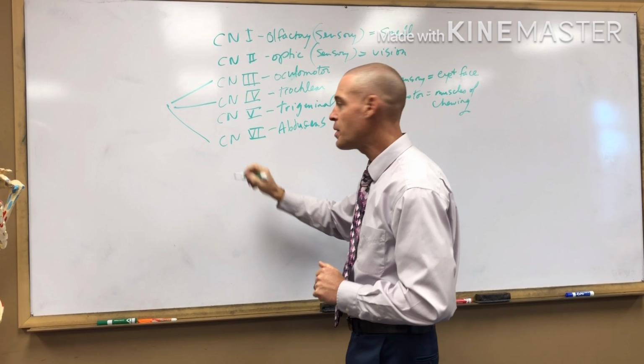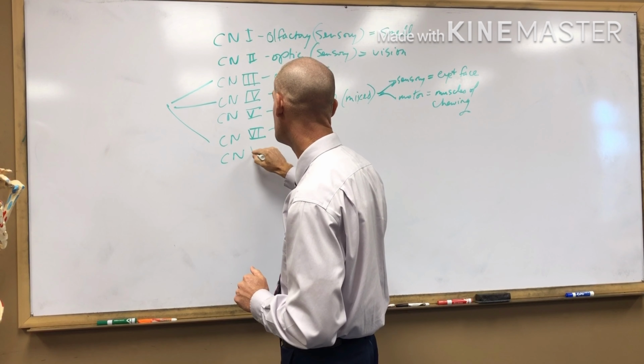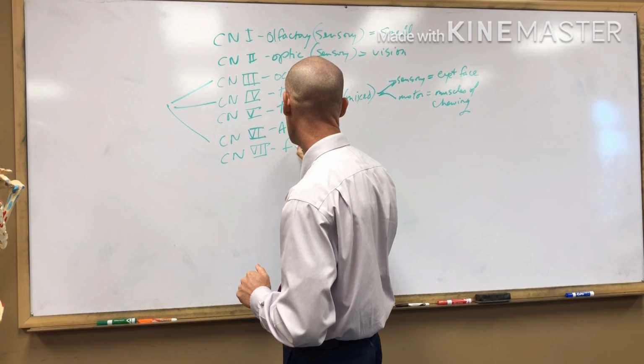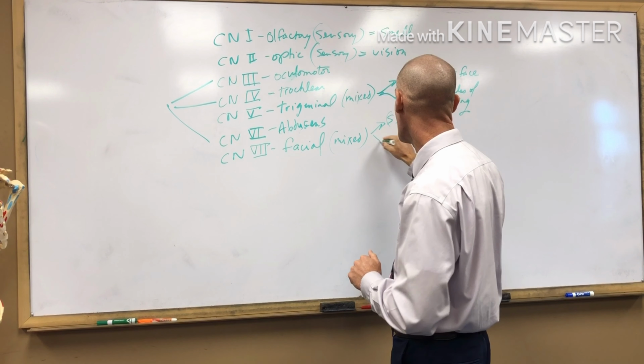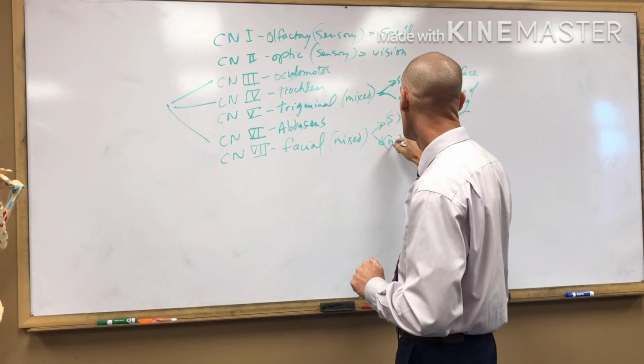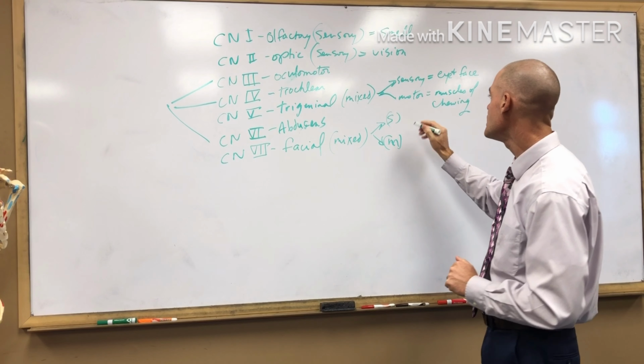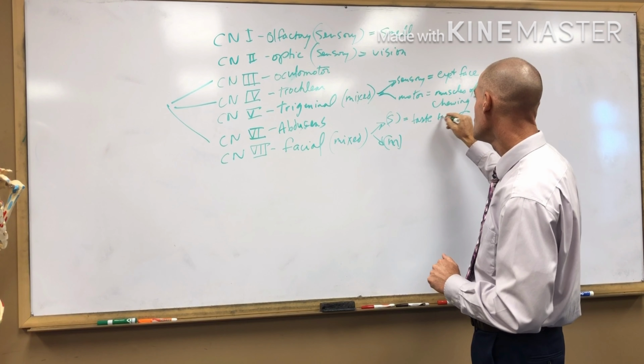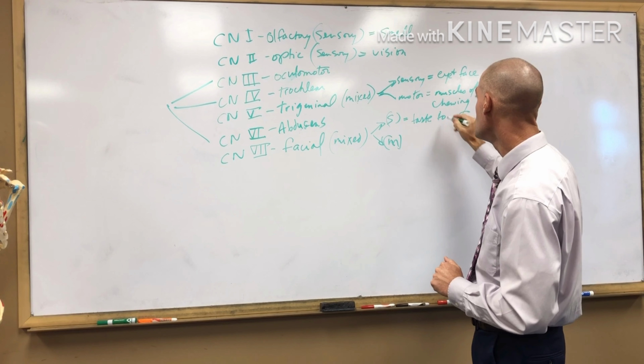Then we've done 6 already, so we can go ahead and jump down to 7. That's going to be facial. Okay, this is another mixed nerve. So we'll have a sensory and a motor portion. Again, sensory is actually going to be taste to the anterior 2/3 of the tongue.